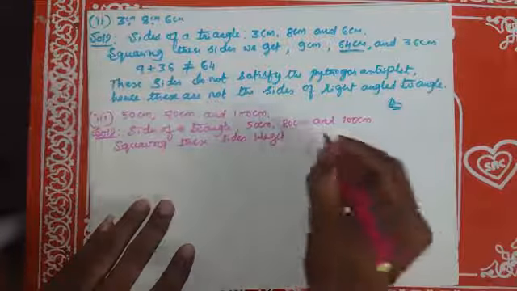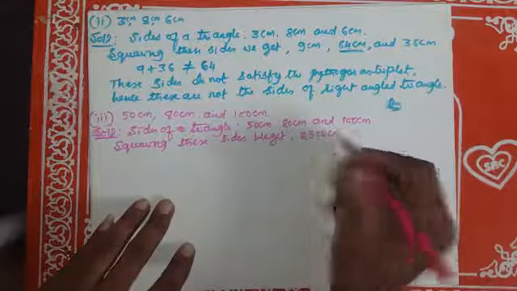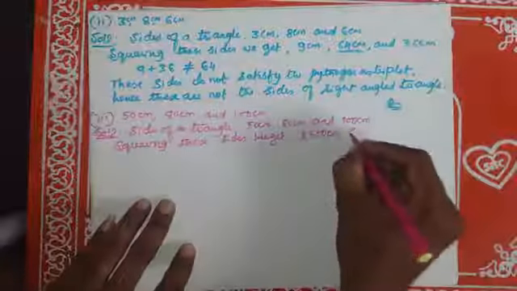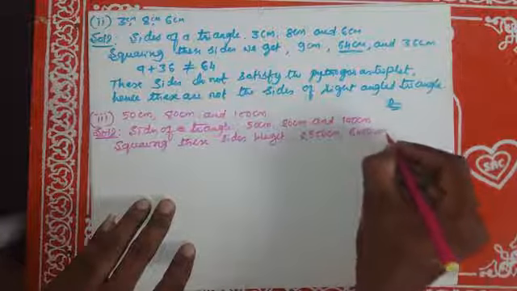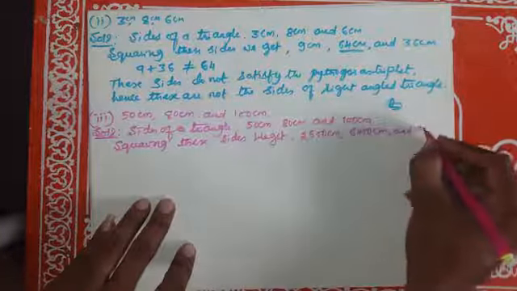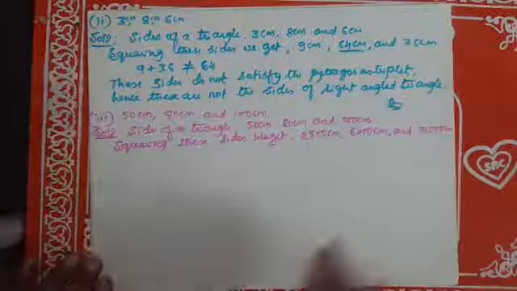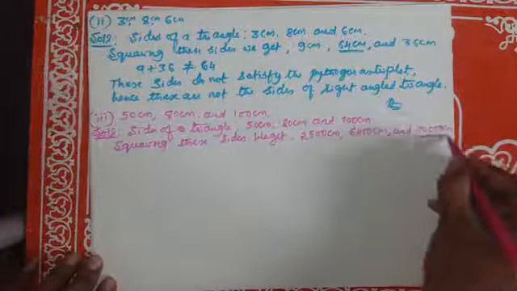50 square means 5 square is 25, so 2500. 8 square is 64, so 6400. And 100 square is 10,000. Look at this. Which is the longest side? 10,000.